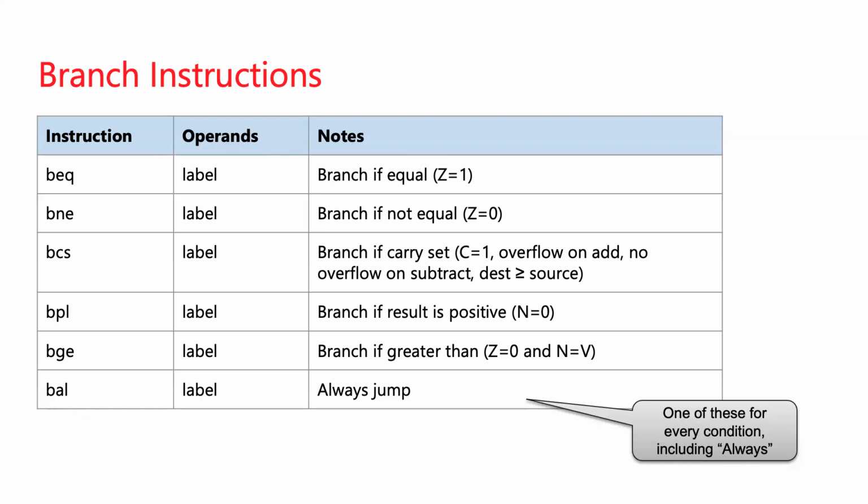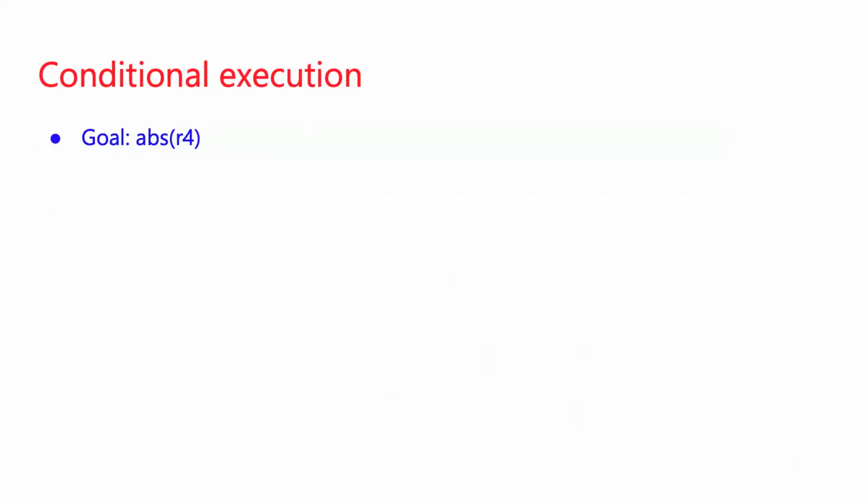So let's write a little fragment of code to compute the absolute value of what's in register 4. I know when you've been working on Intel, it's easy to feel like registers are scarce. You have to worry a lot about what you're keeping in registers. And they're not overly abundant here, but it's nice to have 13 good general purpose registers to keep what we want. So let's assume there's a value in register 4. Let's assume it's a signed value, and we just want to compute its absolute value.